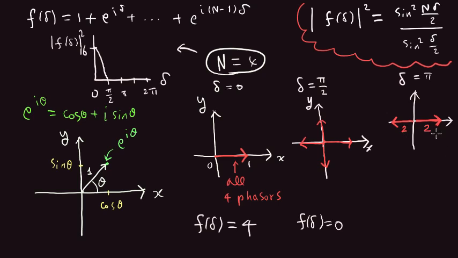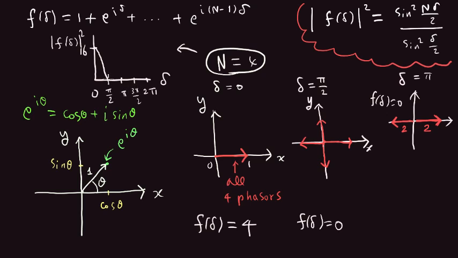It doesn't matter. Each of the 2 cancel one another here. One of these cancels one of those, and so f delta in this case is also 0. You can see, right? So those are the reasons why the intensity is 0 at these intermediate points here, pi over 2, pi, and 3 pi over 2.